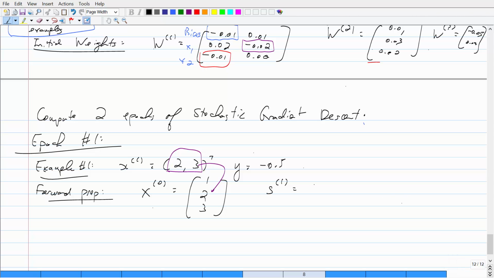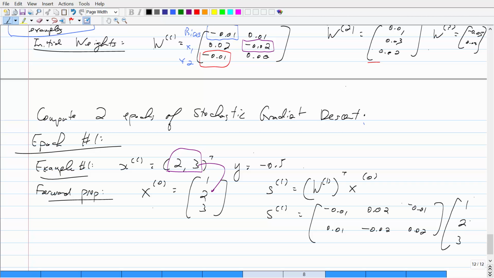So you take the weight matrix that connects the input and the first hidden layer, you transpose that, and then you multiply by the outputs coming in from the previous layer. So W1, you transpose this, so just take all the rows and make them columns. This is minus 0.01, 0.01, 0.02, minus 0.02, and minus 0.01, 0.02. You multiply this by 1, 2, and 3.